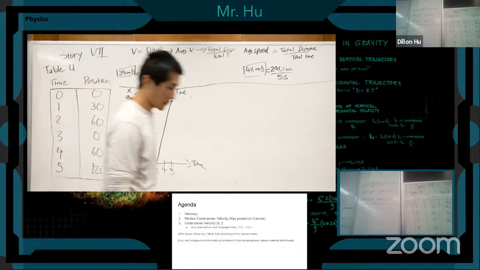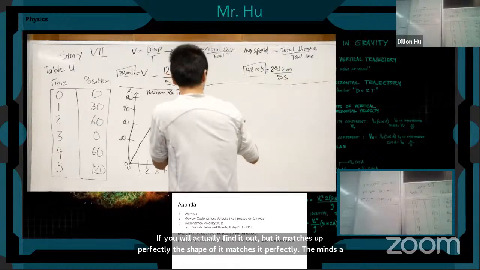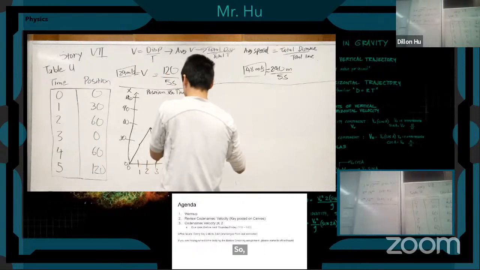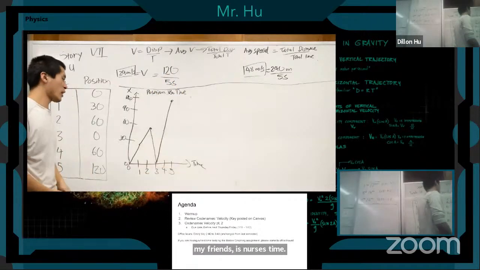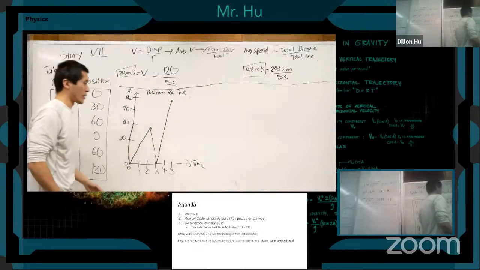From our position versus time graph, we can actually identify our velocity for specific intervals. One thing you should consider is that our velocity is the slope of a position versus time graph. So if I want to figure out my velocity at any given point here, I just want to figure out my slope.